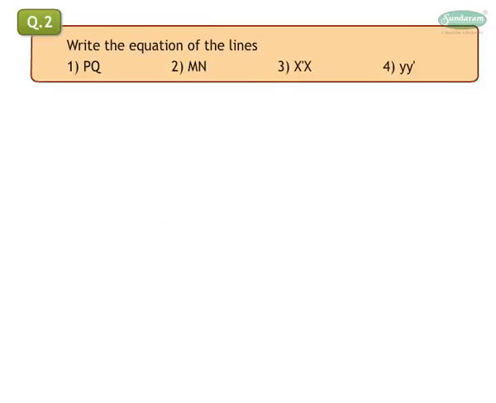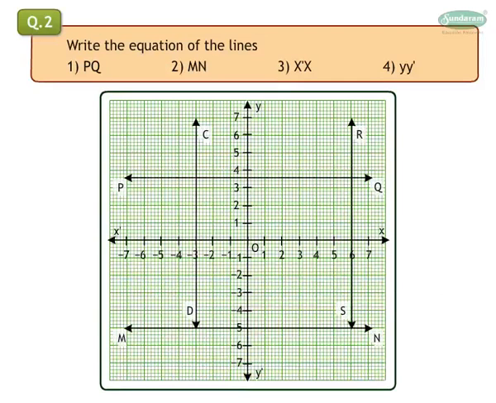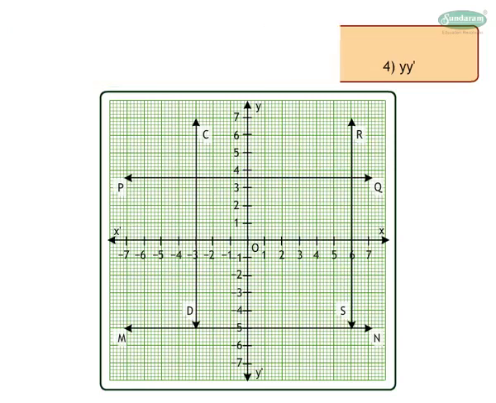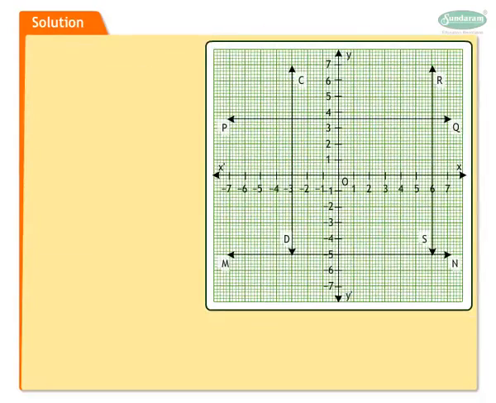Exercise 5.3. Question 2. We now observe the graph and write the equation of the lines 1. PQ, 2. MN, 3. x dash x, 4. y y dash. Solution. Let us take equation for line PQ.